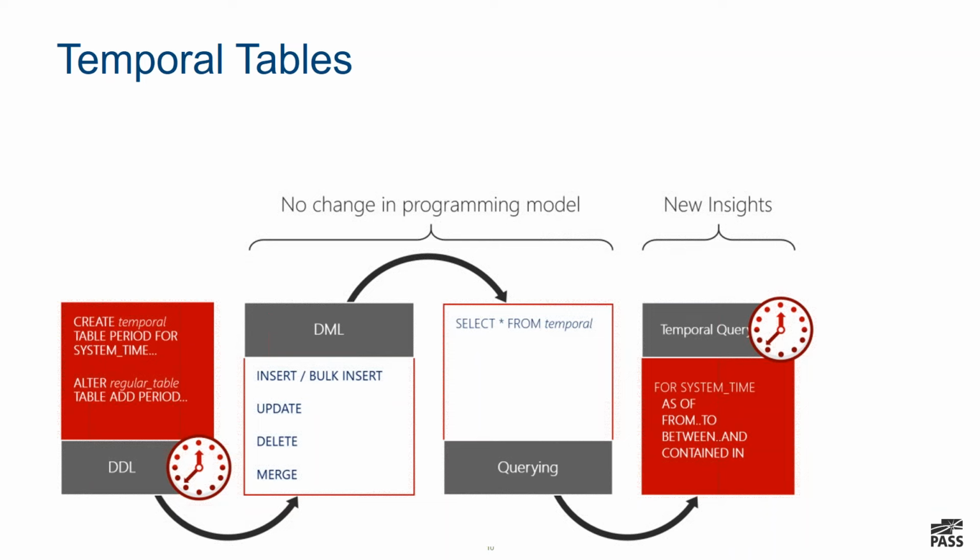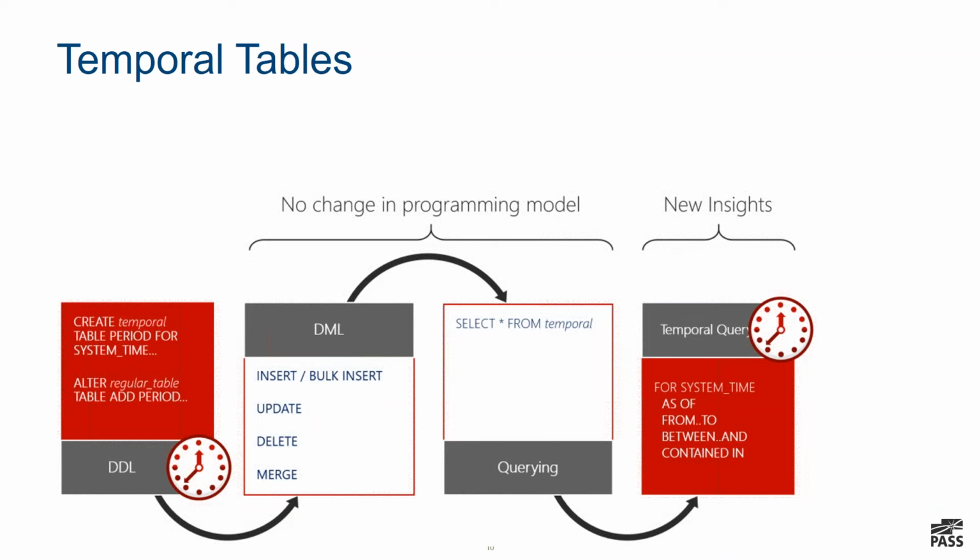When I insert, update, delete, merge, or bulk insert, any data manipulation script would be exactly the same. So I don't have to change any update statement, insert statement, delete statement, or select statement. I work with temporal tables in terms of data manipulation exactly as I work with a normal table.